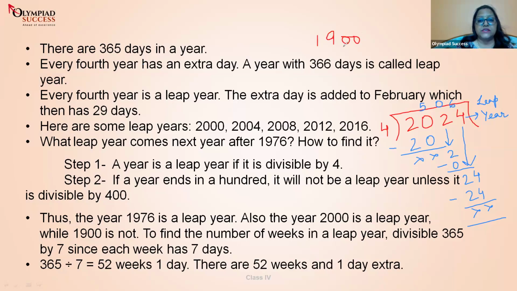So whenever we have century years, instead of dividing by 4, we divide by 400, because we have 2 zeros extra at the end. If it is exactly divisible by 400, then yes, this is a leap year. Otherwise, it is not. Okay?